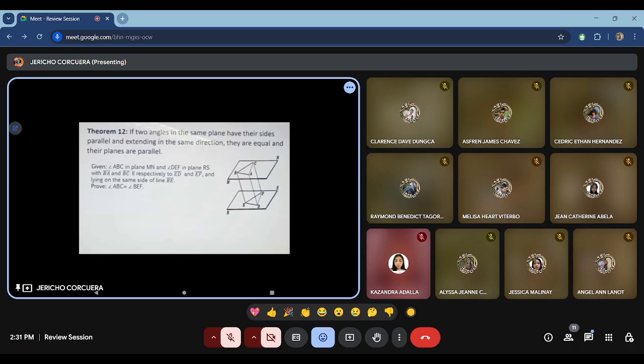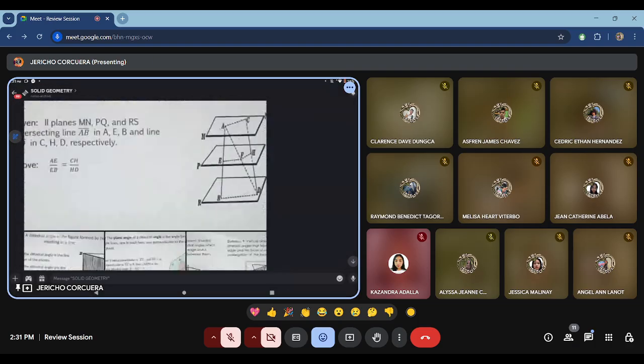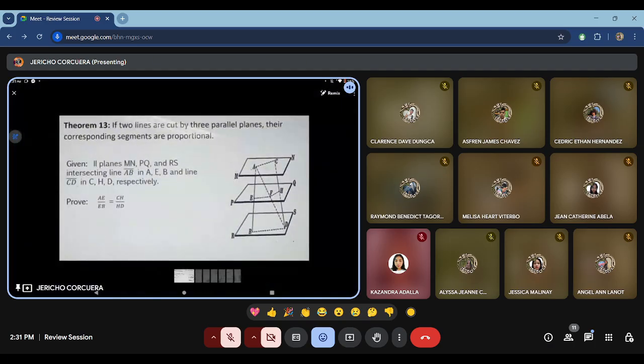Next. Theorem 13: if two lines are cut by three parallel planes, their corresponding segments are proportional. We have planes MN, PQ, and RS. So we have three parallel lines, AC, EH, and BD.